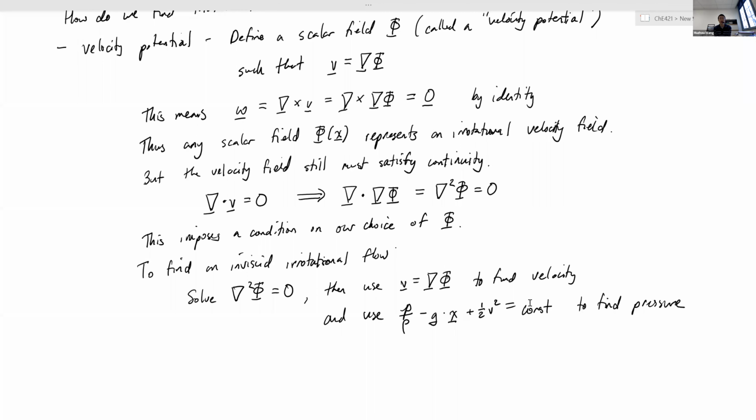Let me just take a quick step back, okay? The Navier-Stokes equations are very complicated. They're a set of 4 different coupled partial differential equations, right? And it turns out that solving 4 different equations is really difficult.